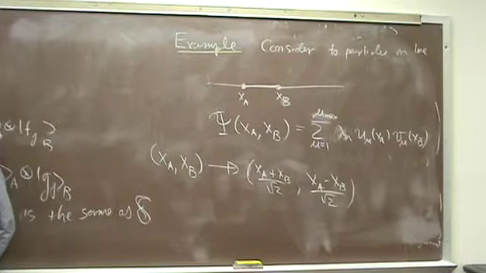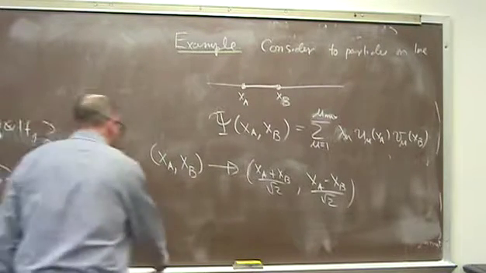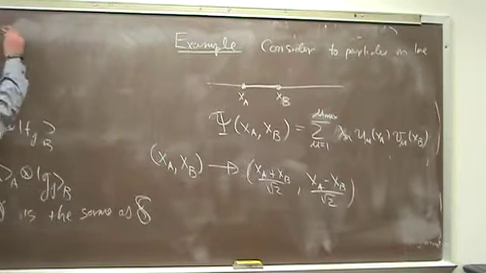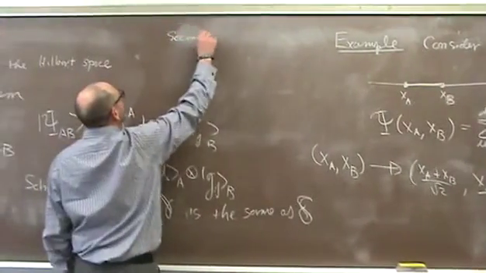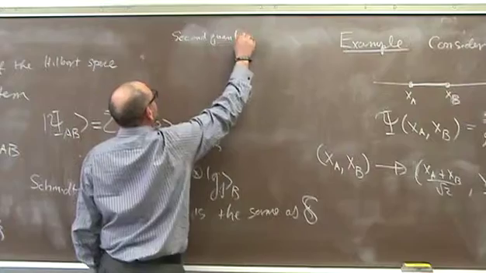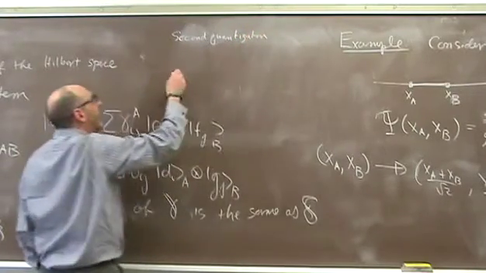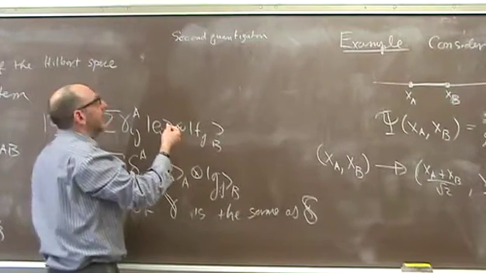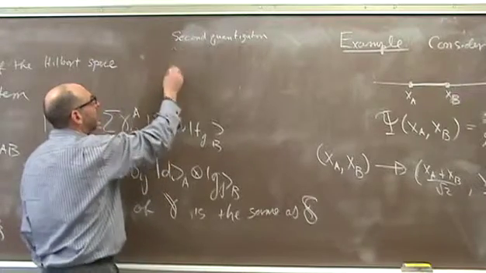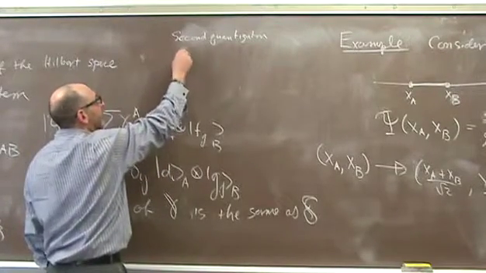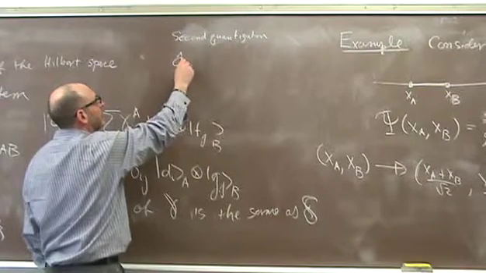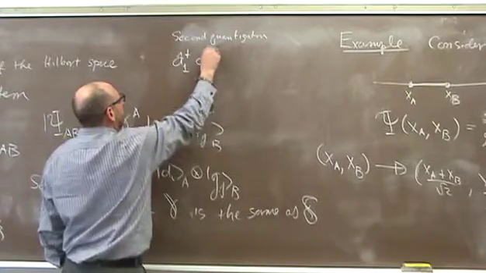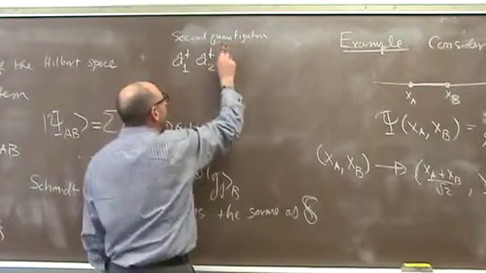One way to quantify this question about identical particles is to use second quantized notation. So if I have some orbitals that are specified by creation and annihilation operators, this is a two-particle state acting on the vacuum.